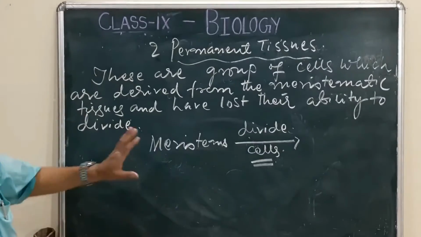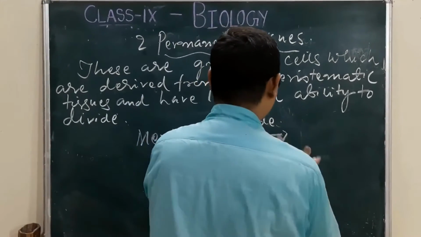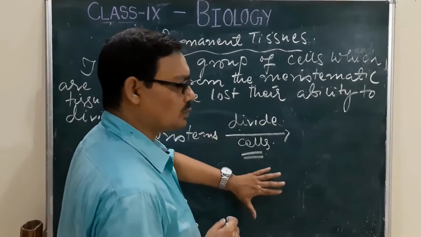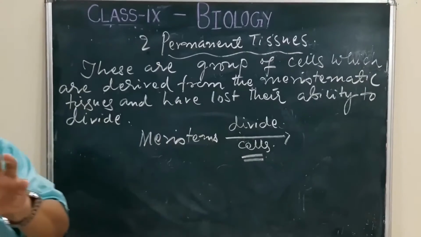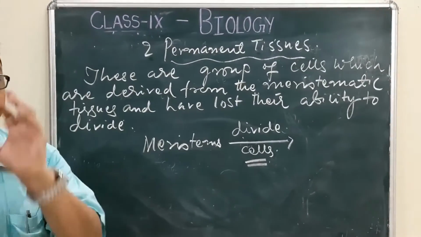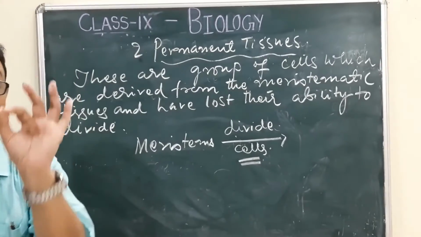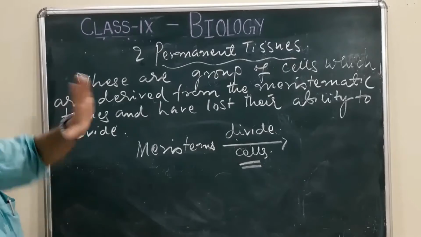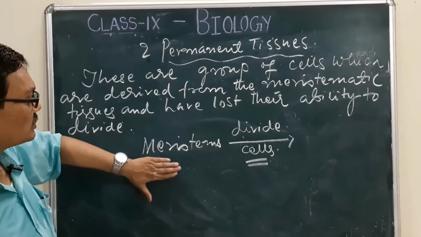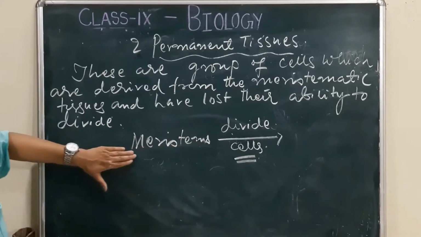When the cells divide, and after division the tissue gets a permanent shape, a permanent size, and performs a permanent function, that is the permanent tissue. That means permanent tissues are also derived from the meristems.